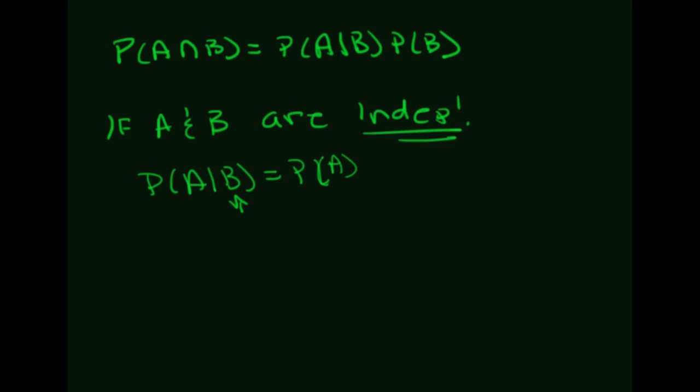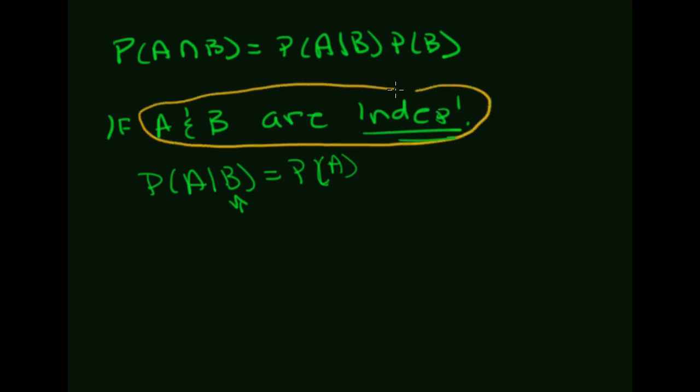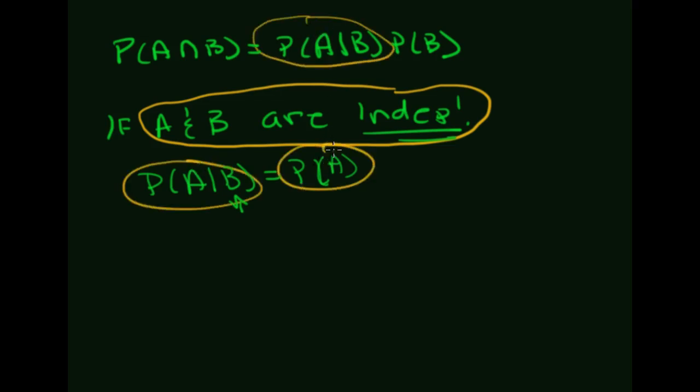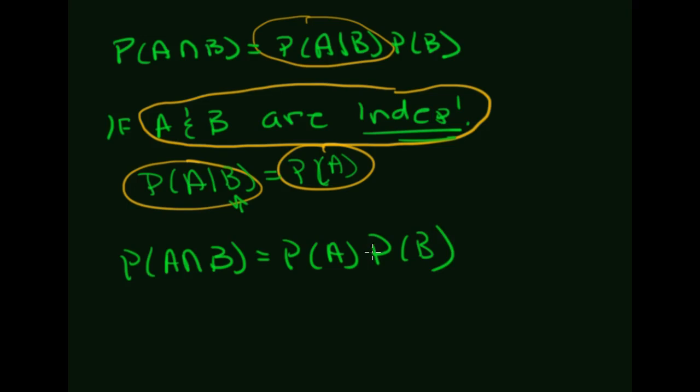So that means in this equation here, if the things are independent, this is equal to that. So I can rewrite this as the probability of A and B is equal to the probability of A times the probability of B, which makes it really easy, right? So independence allows me to just simply multiply the probability of the two events together. So that's a special case of the multiplication rule, right?